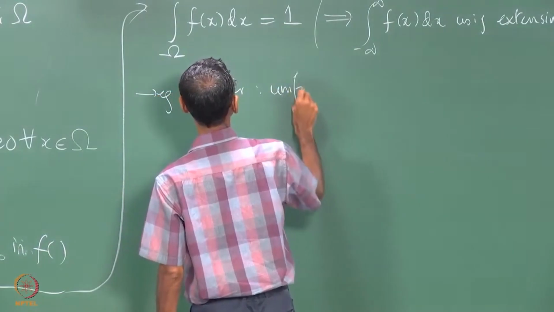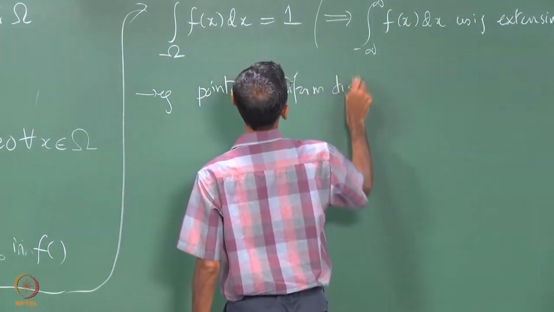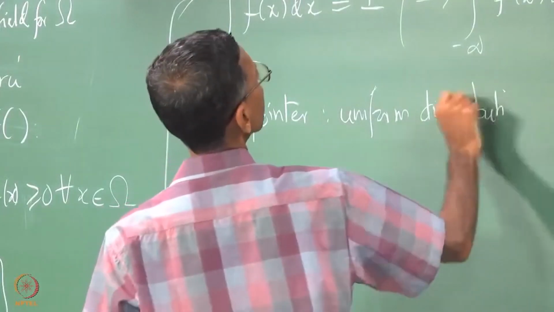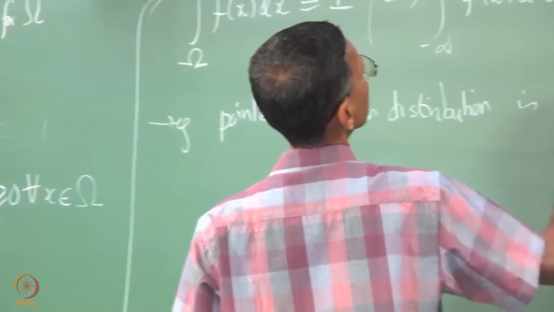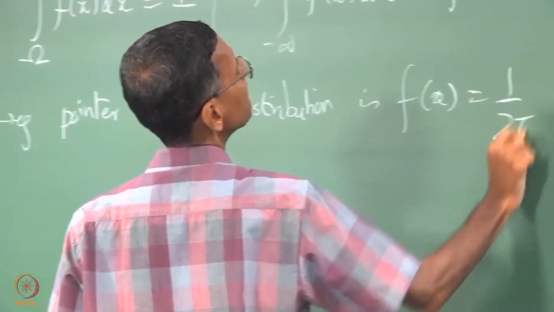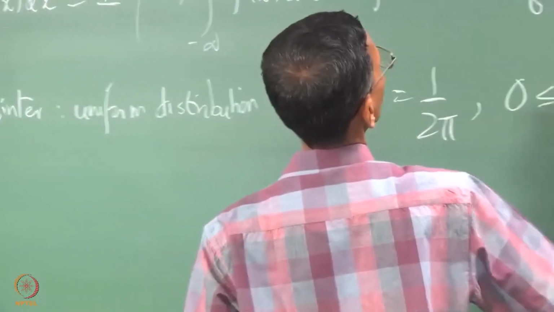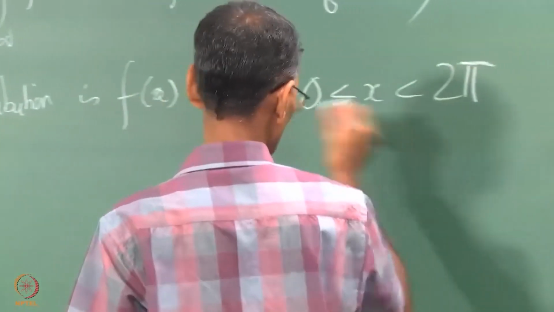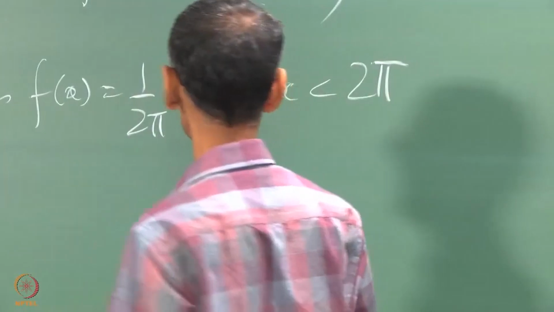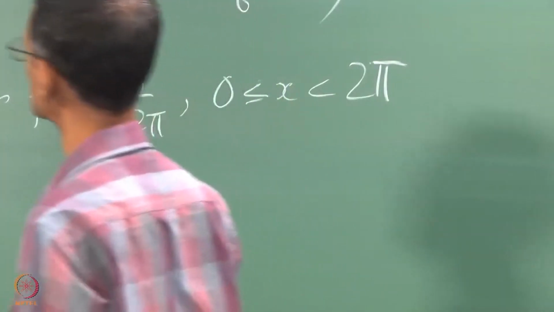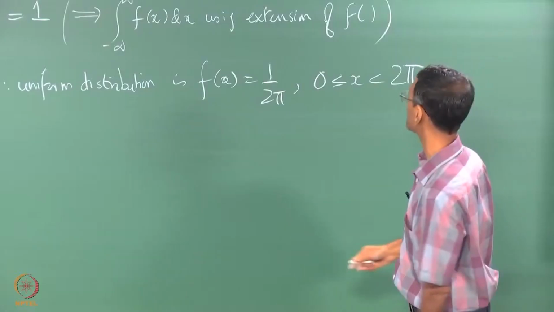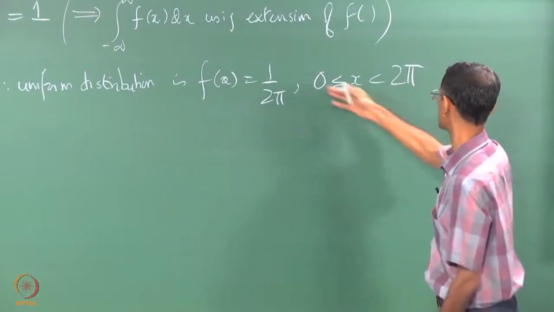The uniform probability distribution is what? Just because 2 pi is the same as 0, I am just saying that the domain is closed on 0 and open at 2 pi, but that is just a technicality.